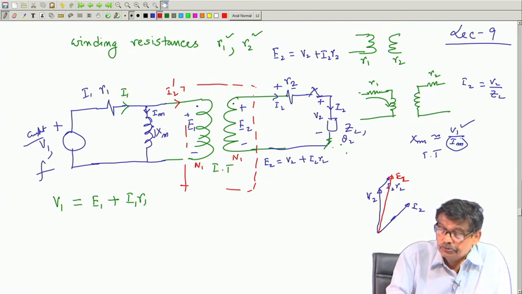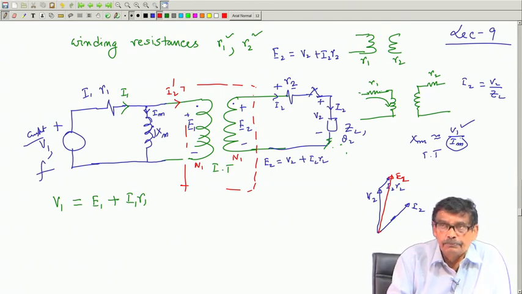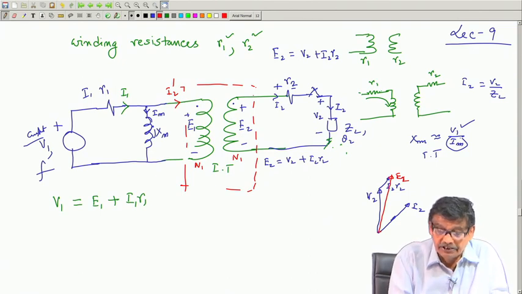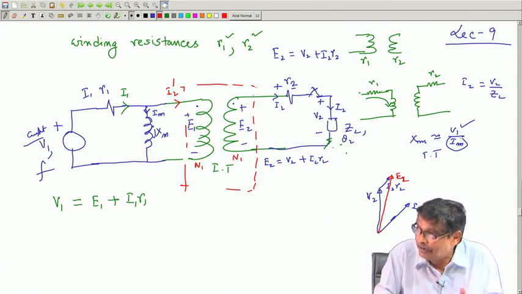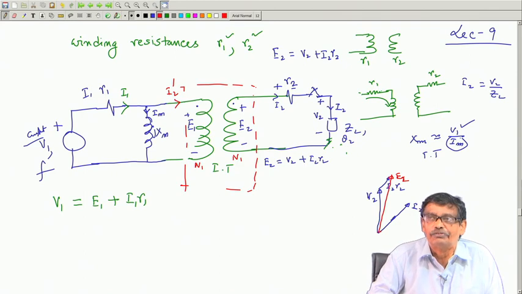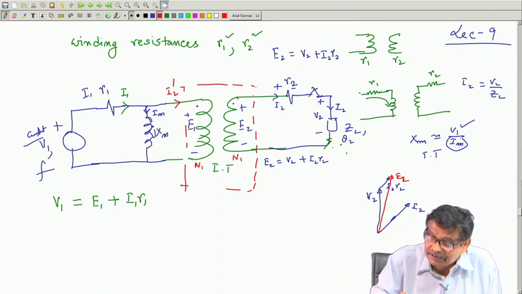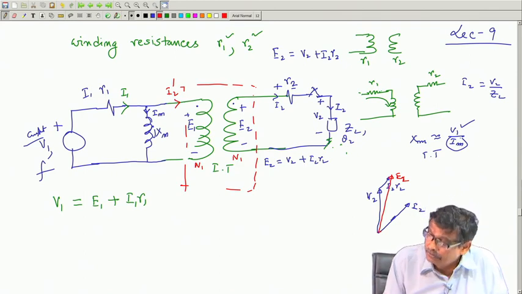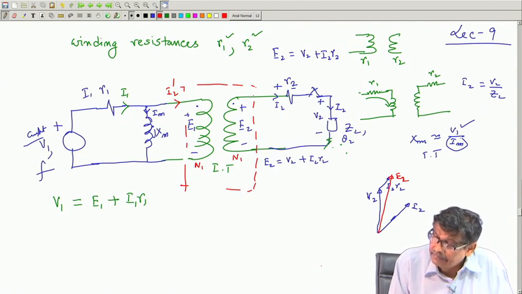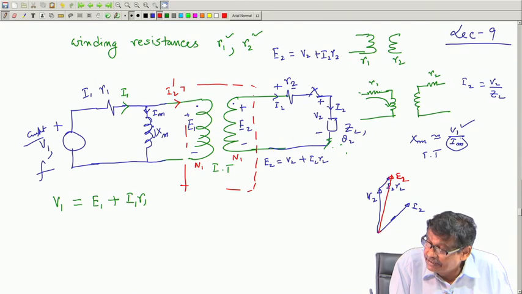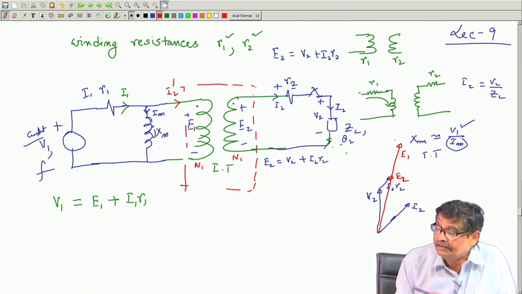If you get E2, the ratio of voltage is N1 by N2, absolutely no doubt. Mind you, V1 by V2 may not be N1 by N2 strictly speaking, but these induced voltages are in the ratio N1 by N2. So, E2 is this, then I know E2 and E1 are in phase. So, I can get E1, assuming N1 is greater than N2, it will be this.